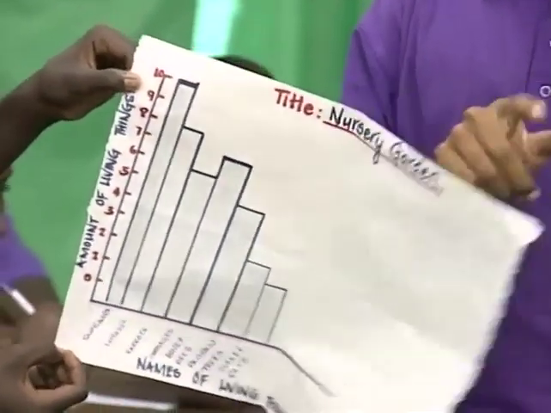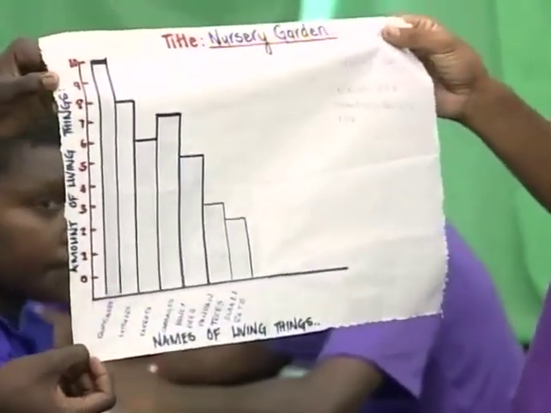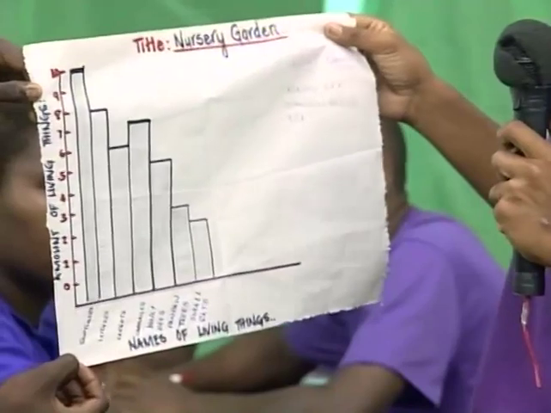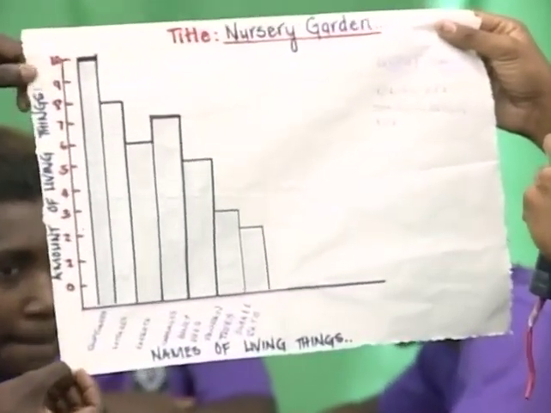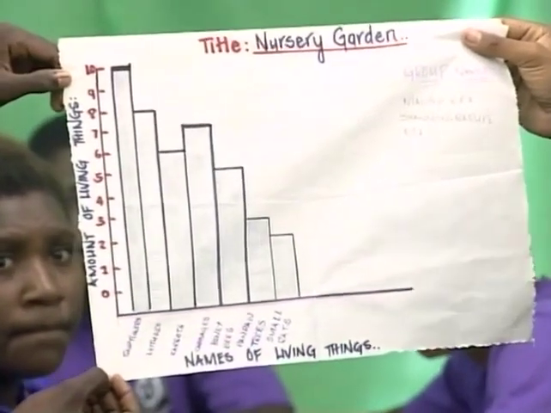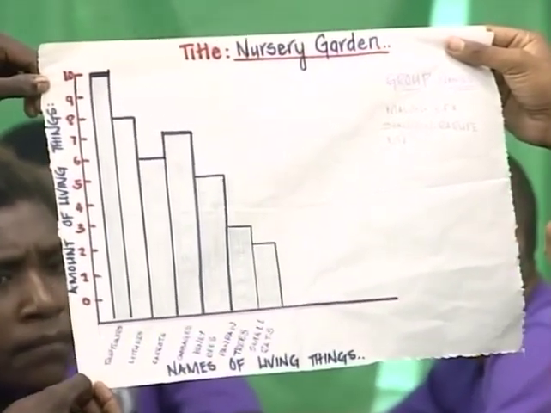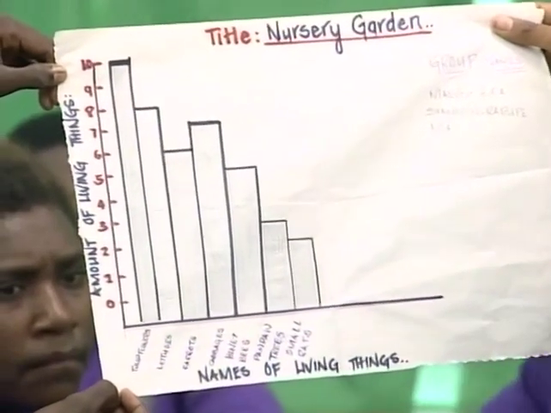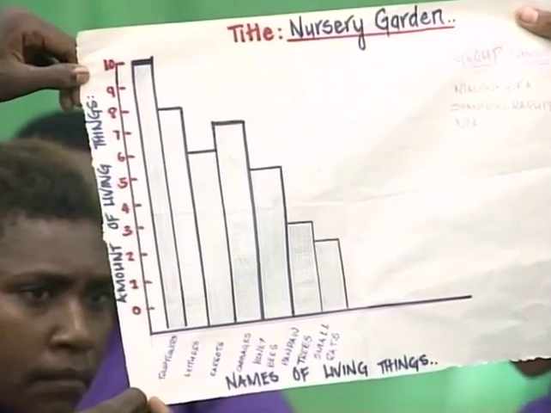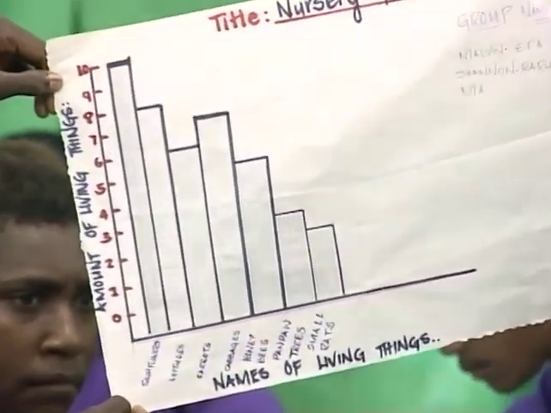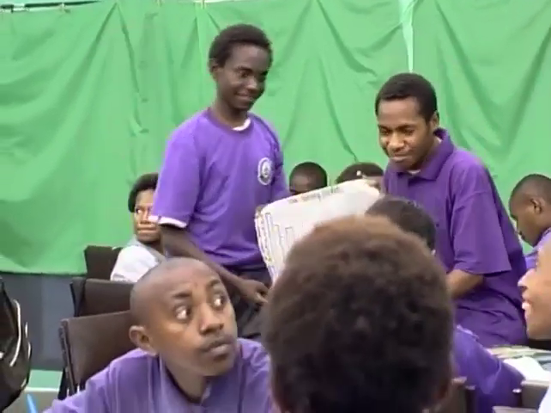How many living things did you identify in your area? 10 tulip flowers, 8 lettuce, 6 cabbages, 5 honeybees, 4 pawpaw trees, and small turrets. Thank you very much. Give them 2 claps.